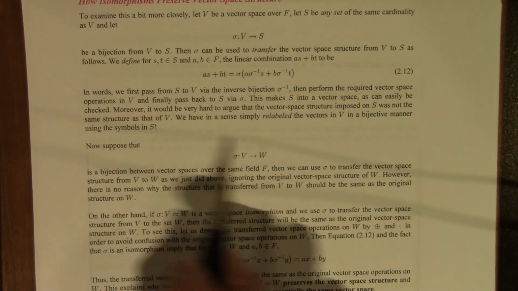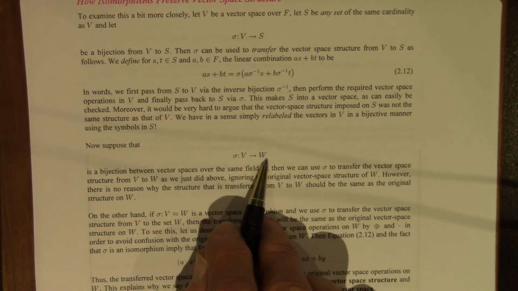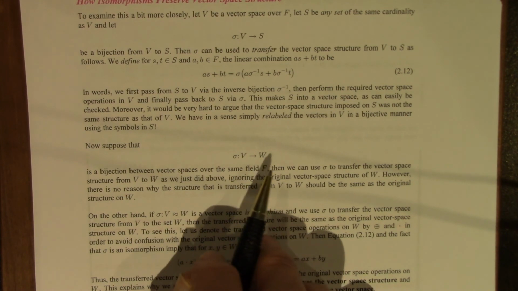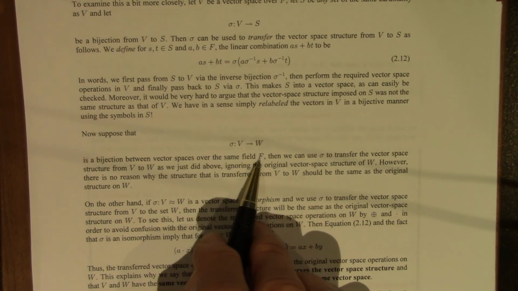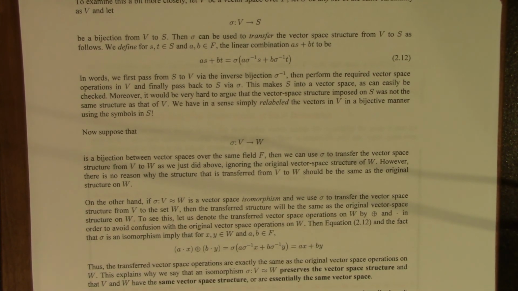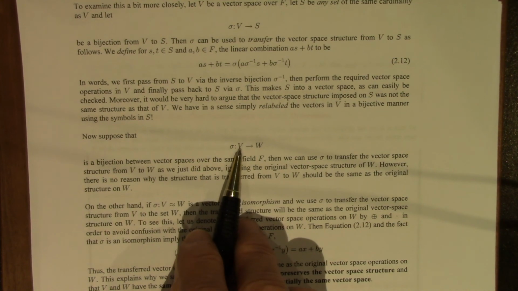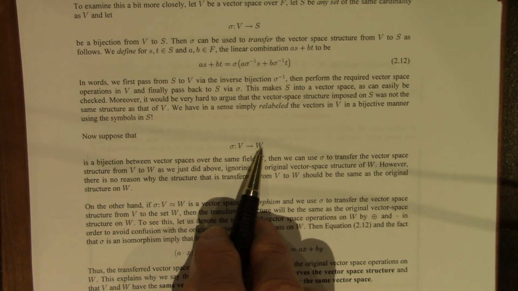Now suppose that we have a bijection between two vector spaces. Just a bijection. And V and W are vector spaces over the same field. We can use sigma, just as we got through doing, pretend that W is just a set.